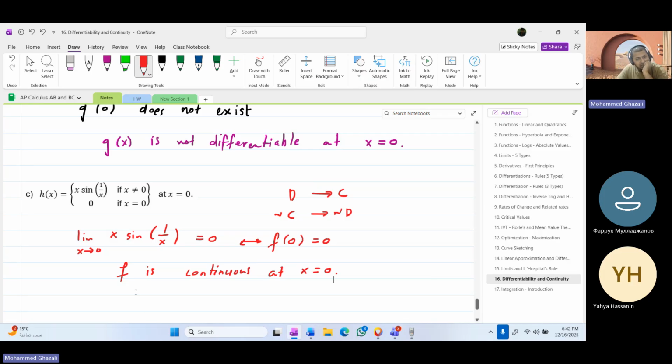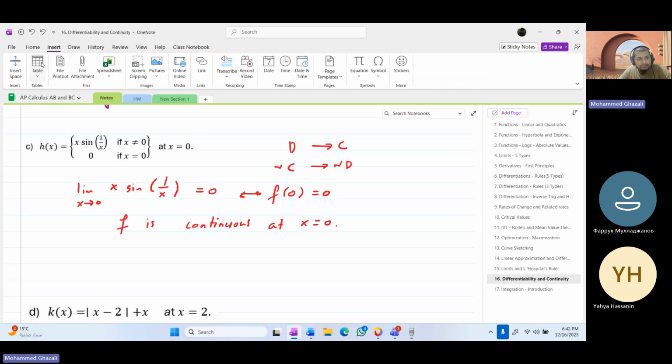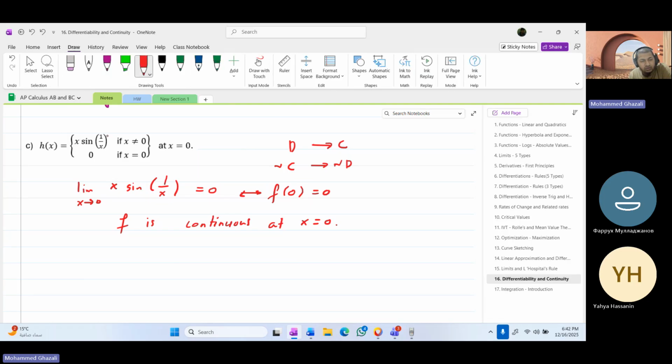So what we can do here is we can differentiate the function. Now to differentiate the function, we got to use something called the product rule here, x sine 1 over x, because to differentiate 0, you just get 0. Let's try h prime x. Derivative of x is 1.